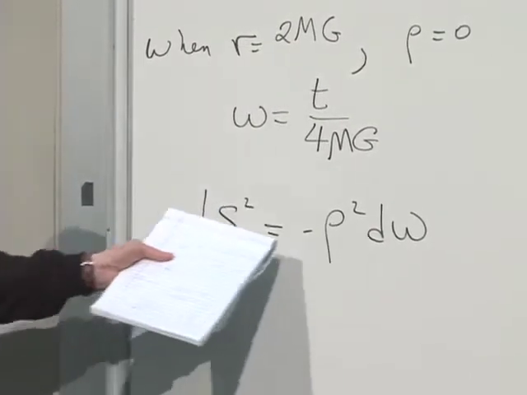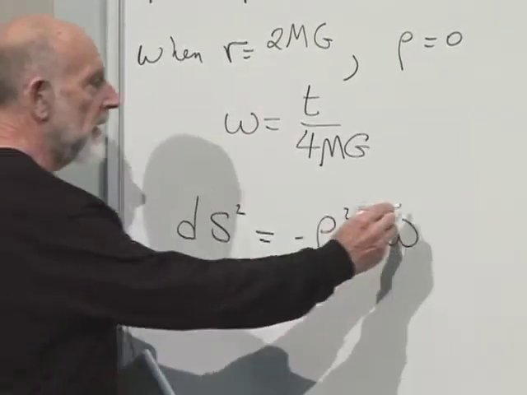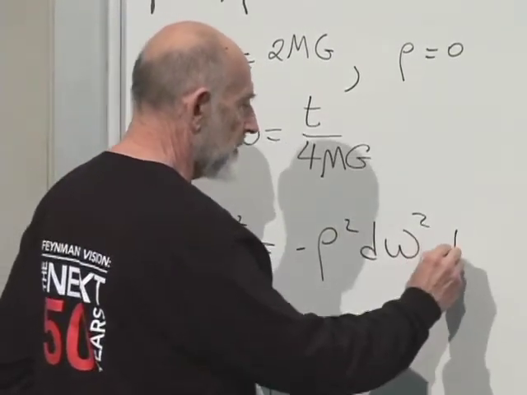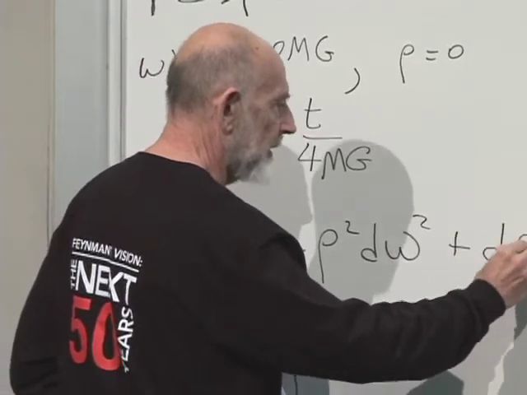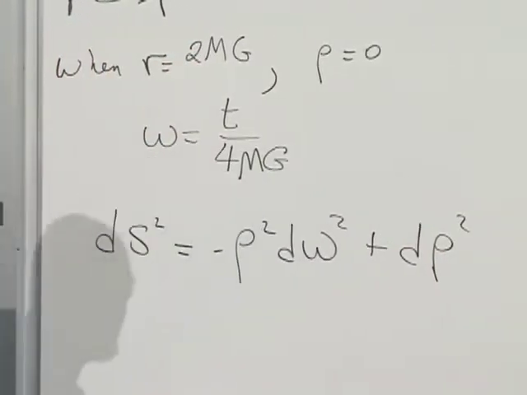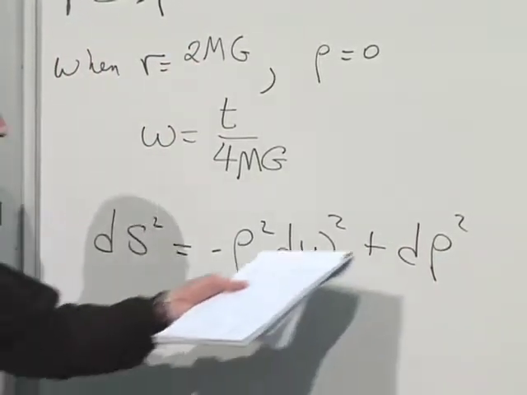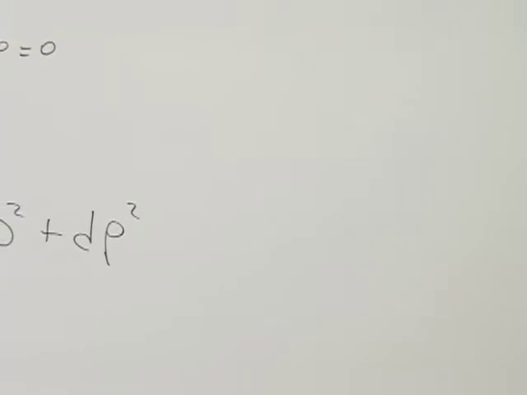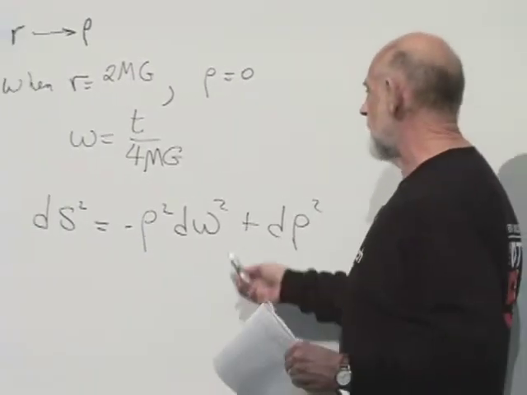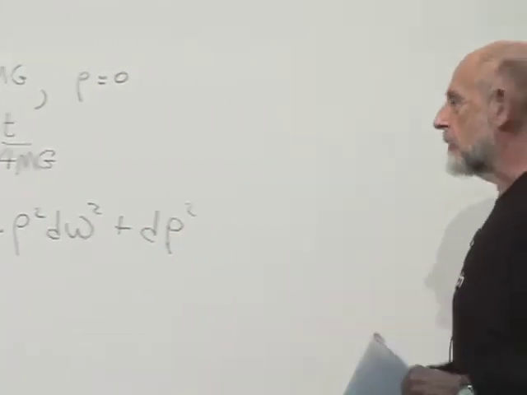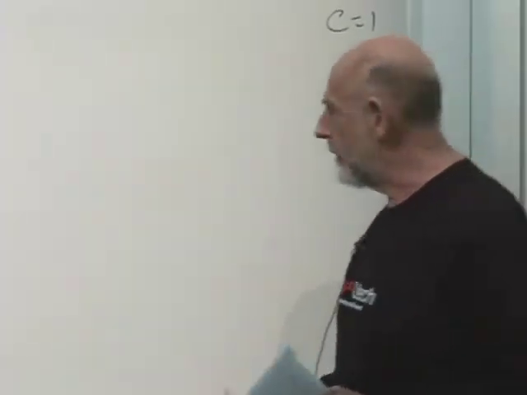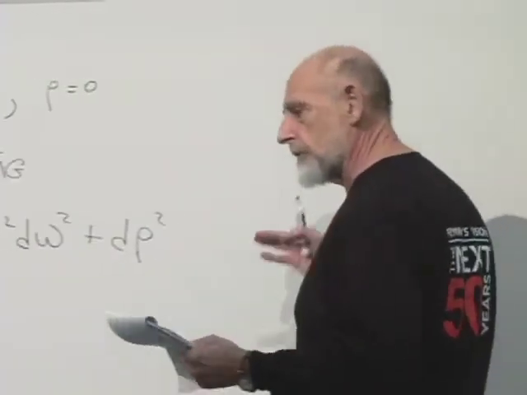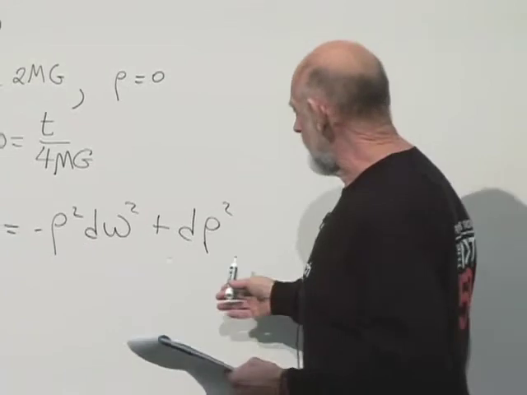You can write d tau squared and put a plus sign here: rho squared d omega squared plus d rho squared. And then there was another piece coming from angles on the horizon, but I'm not terribly interested in that. I'm interested in distance from the horizon and time. A two-dimensional picture of the black hole. Just time and distance from the black hole. Okay? This is what the metric is like.